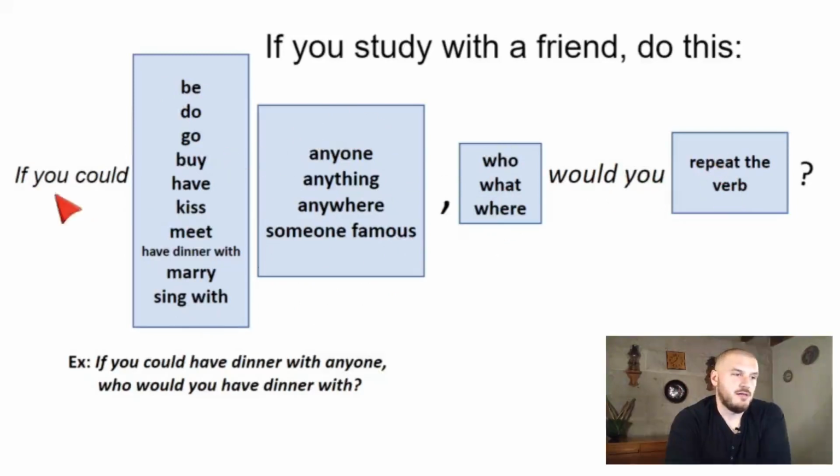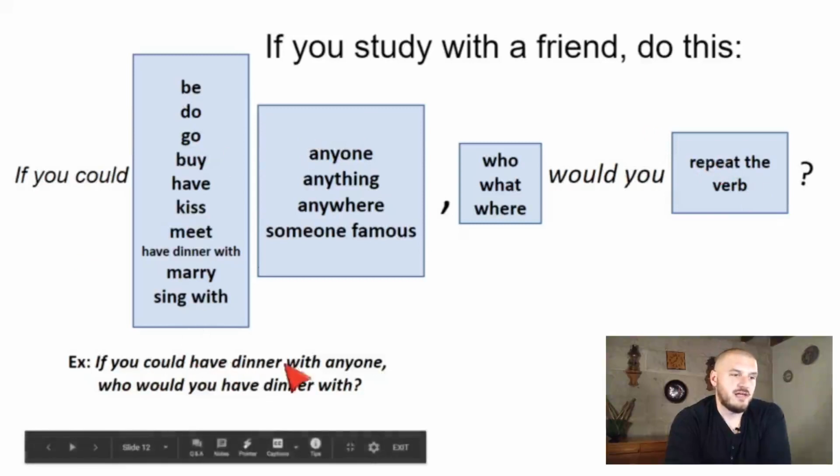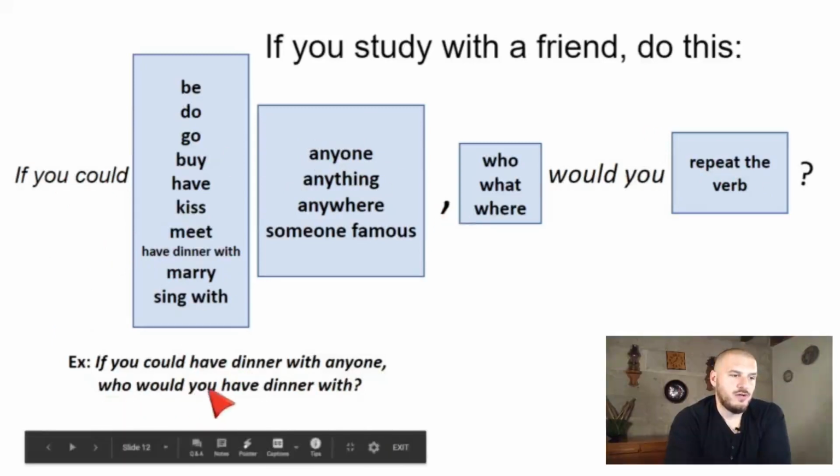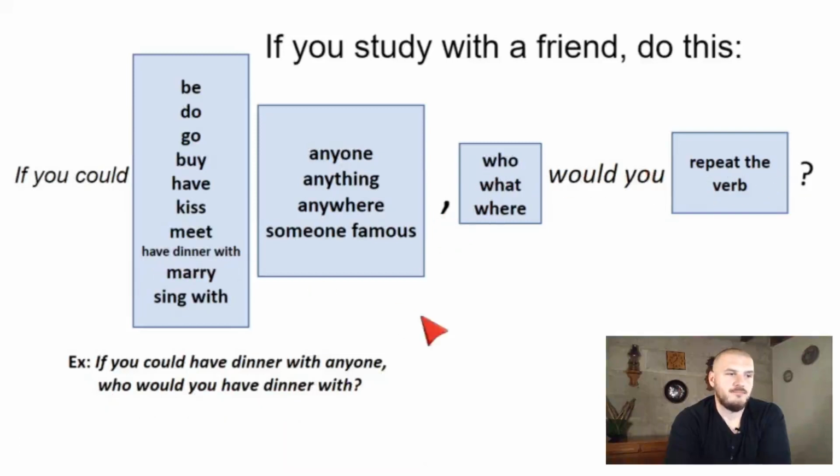So for example, if you could have dinner with anyone, comma, who would you have dinner with? Who would you repeat the word, have dinner with, right? If you could buy anything, what would you buy?